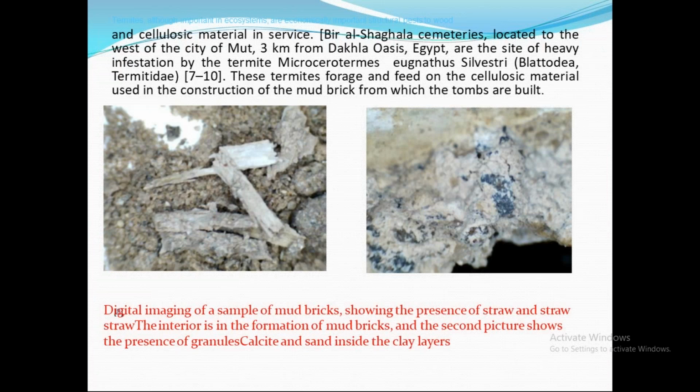Now we can see in these pictures the composition of the mud brick. We can see cellulose materials in the tombs of Bir Shaghala. First, the Bir Shaghala cemetery is located to the west of the city of Mout, 3 kilometers from Dakhla Oasis, Egypt. The site has a huge infestation by the termite Microtermes.